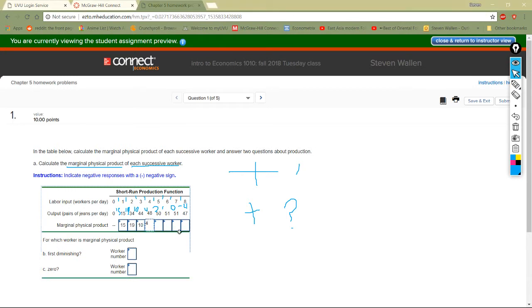4, 2, 1, 0, and -4. Now, when we look at this, for which worker does marginal physical product first diminish? So when did it first go down? Well, from 0 to 15, it went up, so that's increasing.